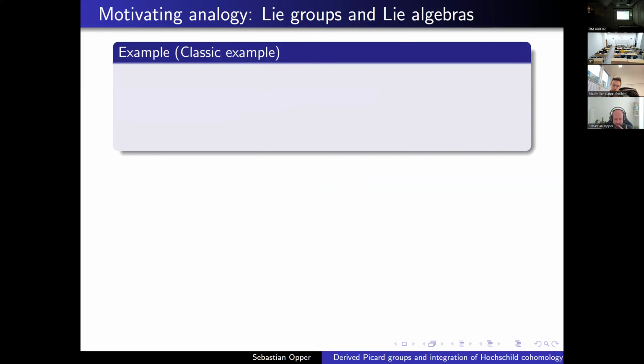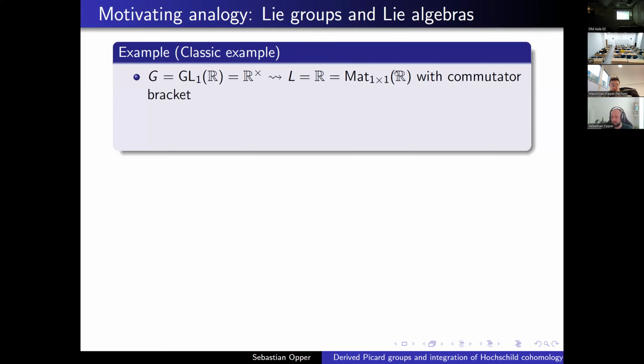There's maybe some classic example. If G is the general linear group GL_1(R), so this is just the non-zero real numbers, then the Lie algebra is R, or more appropriately, the 1x1 matrices over R, and with the commutator bracket, this vanishes because it's commutative. So the bracket is 0, and the exponential is the usual Euler exponential: the sum of powers over factorials.